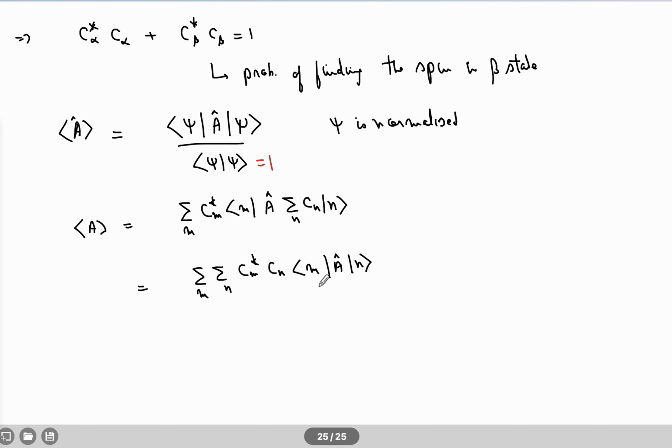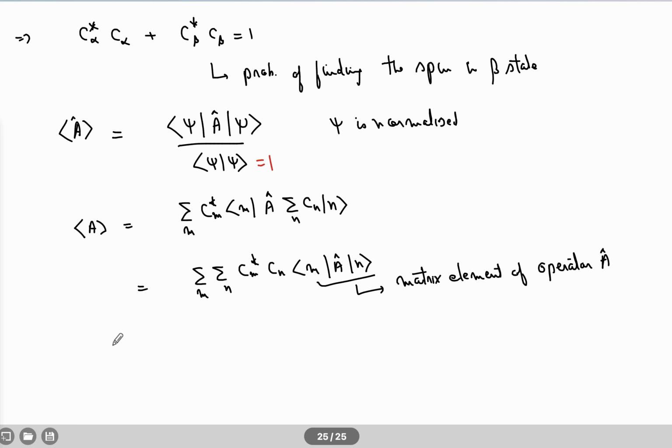So this is nothing but matrix element of operator A. So remember that operators can be written in matrix representation, and this is mth row and nth column matrix element of A operator, right?